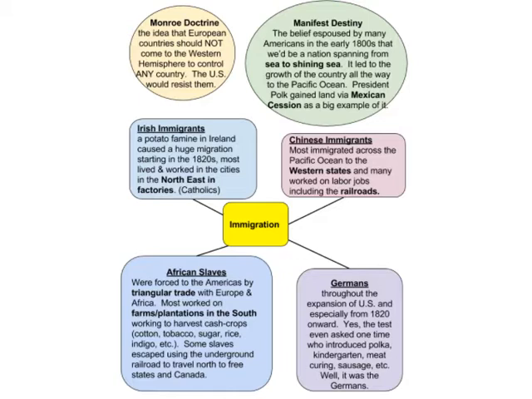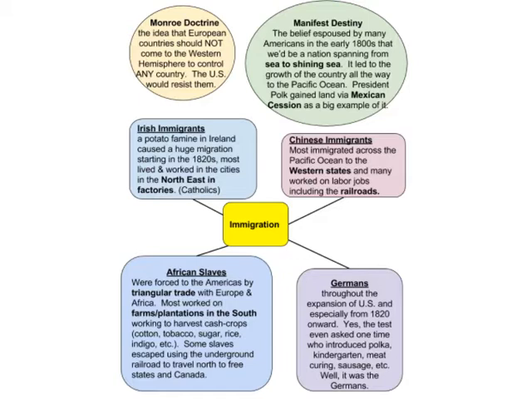Chinese immigrants, well, China is west of the United States across the Pacific Ocean, so Chinese immigrated to the west side of the United States, mainly in places like California, and a lot of them worked on the expansion projects like railroads. And then African slaves, we know that. We've talked about them plenty, but they didn't come over on their own choosing. They were forced over here. Most of them worked in the South.